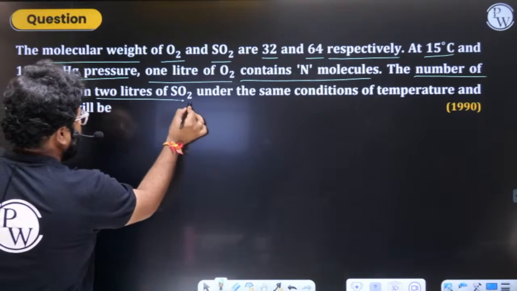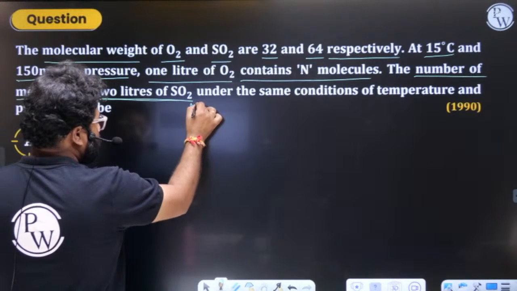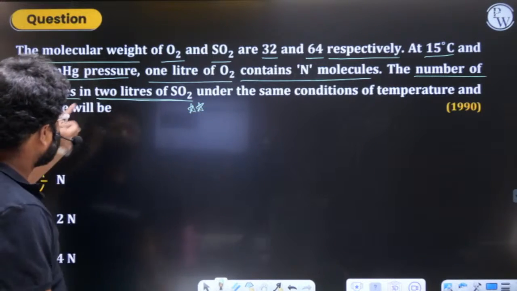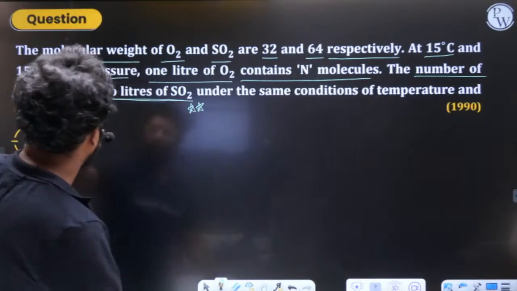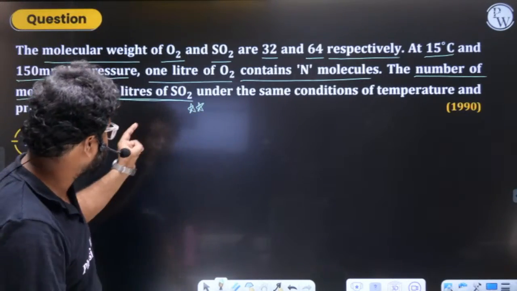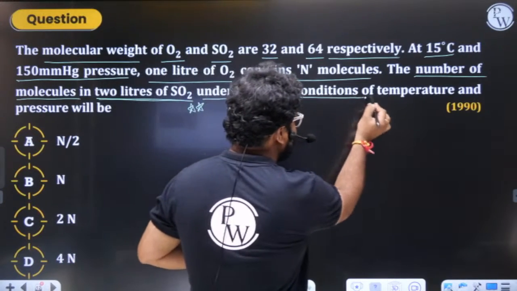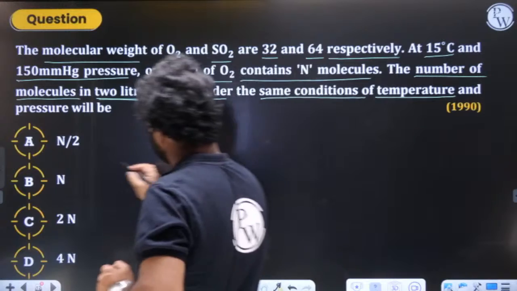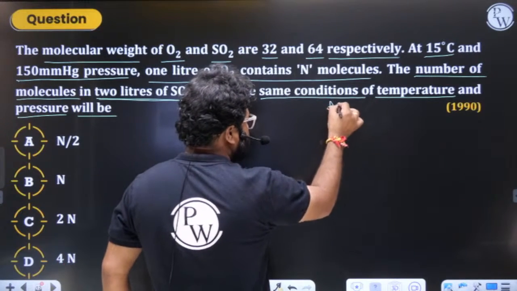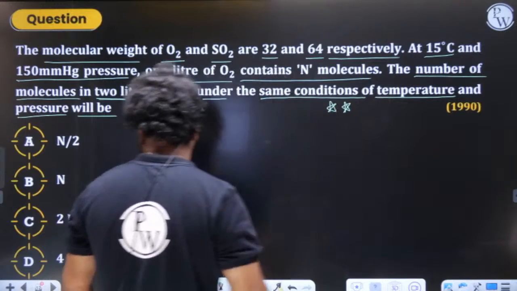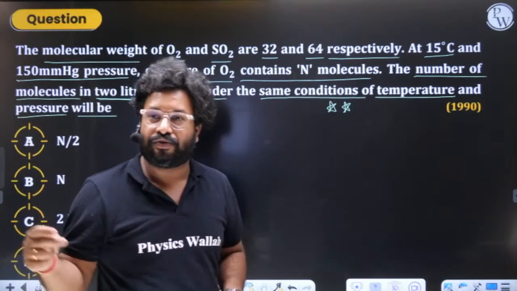Now please pay attention to this part. 1 liter of O2 contains n molecules. The number of molecules in 2 liters of SO2 under the same conditions of temperature and pressure will be. Again, pay attention here: same conditions of temperature and pressure.